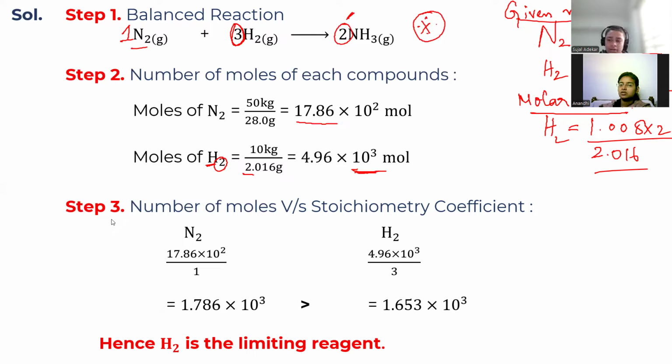Only if you get the answer in terms of decimals like this can you get the limiting reagent, right? The power should be the same, then only you can equate, right? So that's why we have moved this decimal also here. If the powers are not the same, then you cannot equate this, right? 1.7 and 1.6 will give you the wrong answer.